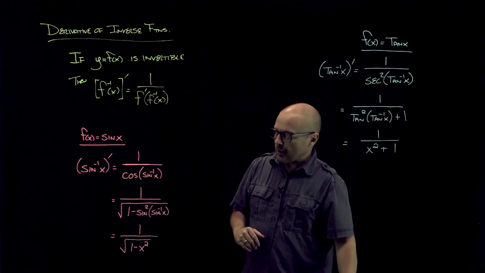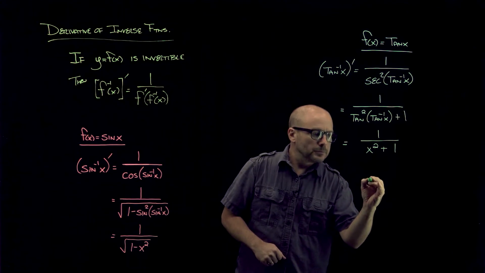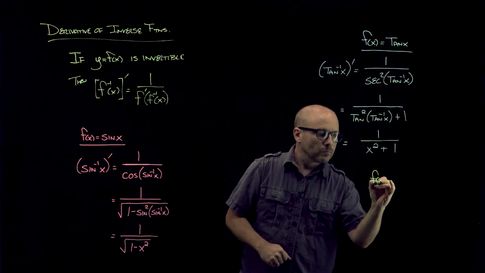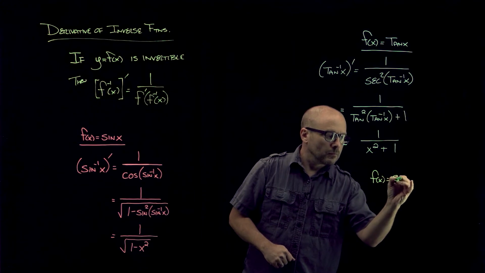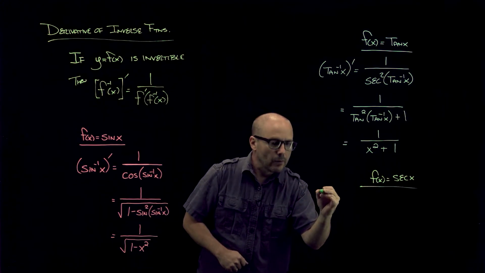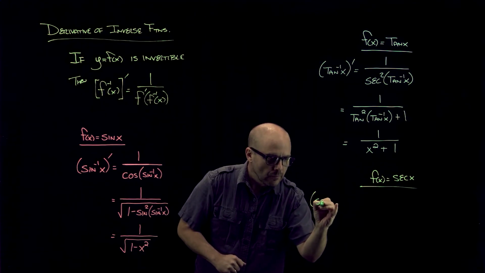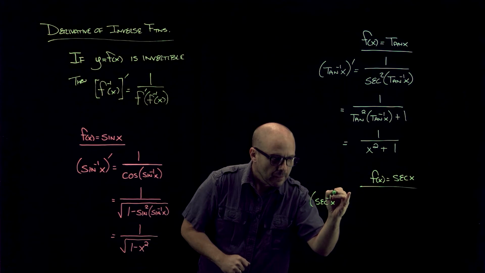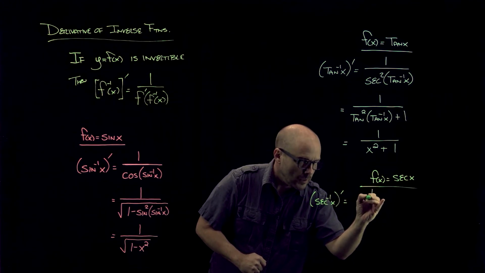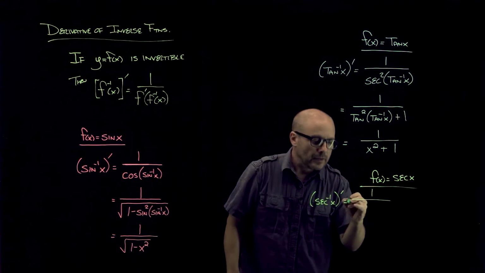The last one we will do will be secant. So if we're looking at secant x, according to our theorem, the derivative of secant inverse should be 1 over the derivative of secant evaluated at secant inverse.